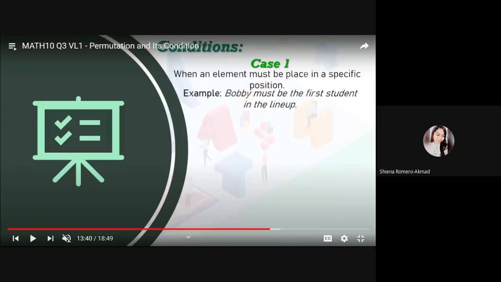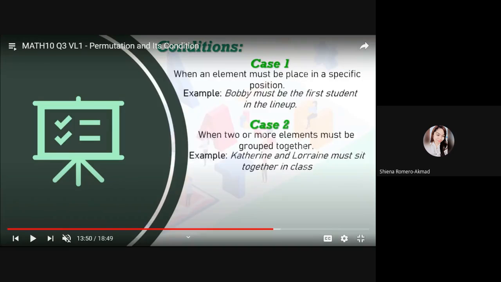If the item, the object, or the element must be placed in a specific position. Case number 2, if 2 or more elements must be grouped together. Pag sasama-samahin mo yung mga elements, objects, or items, like in this example, the two people, Catherine and Lorraine, they must sit together in the class.